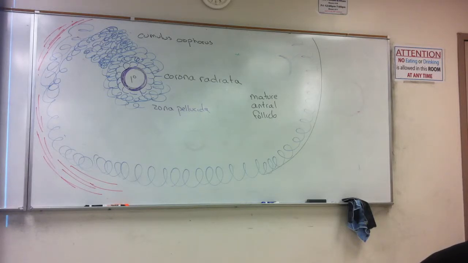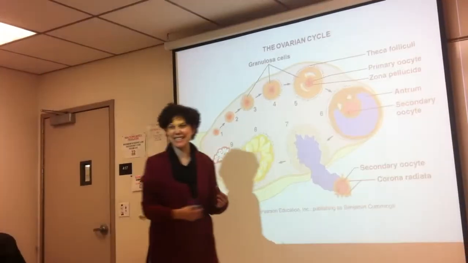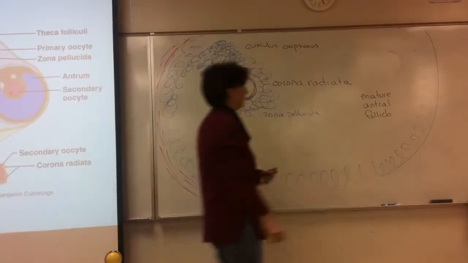Ovulation occurs. Our now divided cell, the secondary oocyte and its first polar body, are released as the surface of the follicle ruptures.